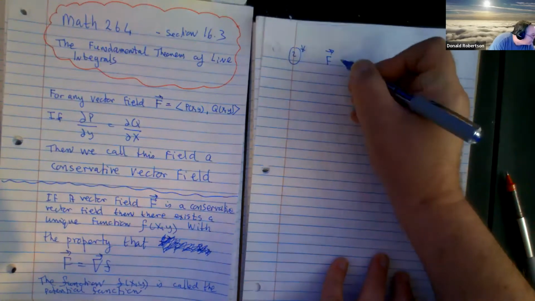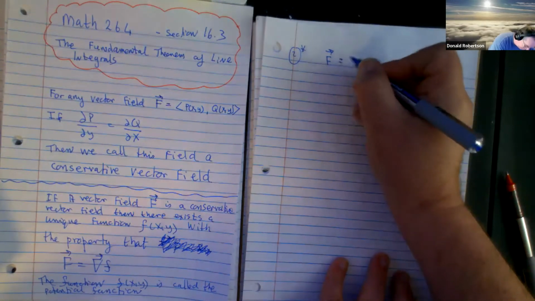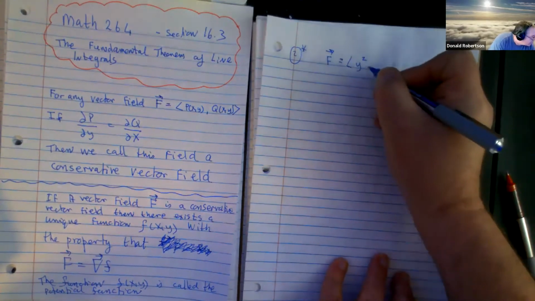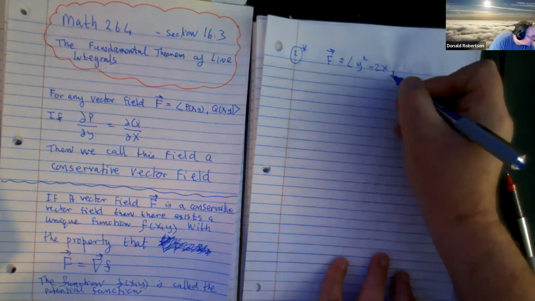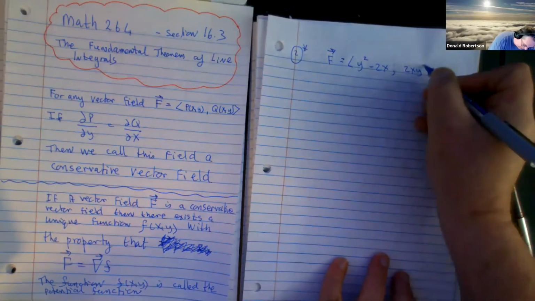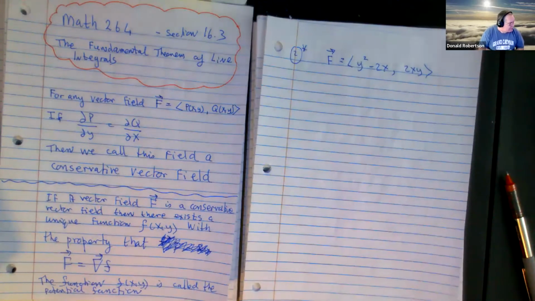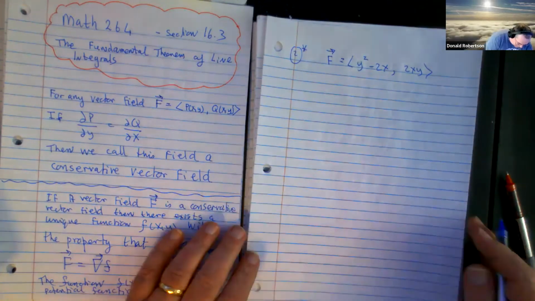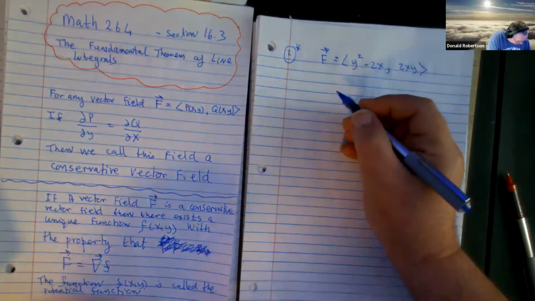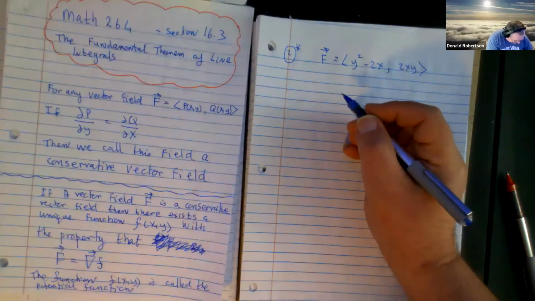So in question 2, it's my version 2, the vector field that we're going to be dealing with is y squared take away 2x. That guy is the other one. And so let's check our test. I've got the test here.